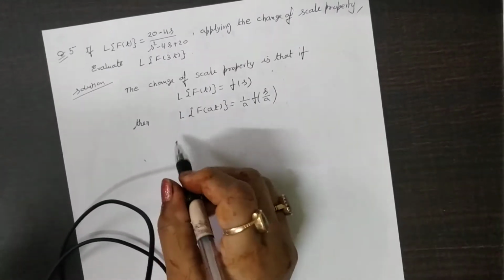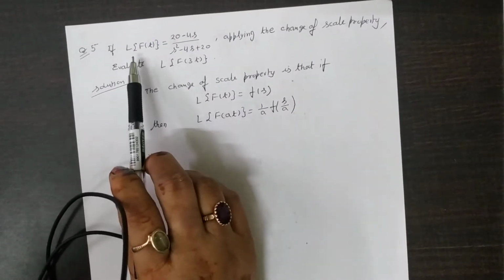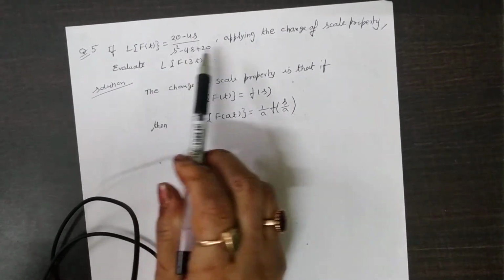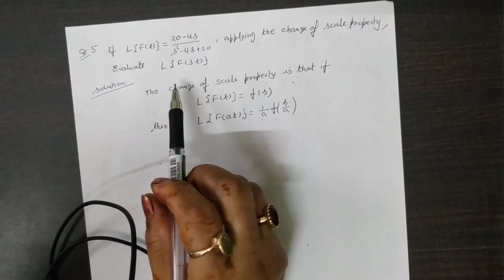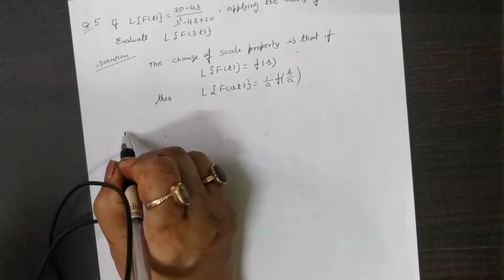Now according to your question, it is given that Laplace of f(t) is equal to this thing, and by this property you can find this one.